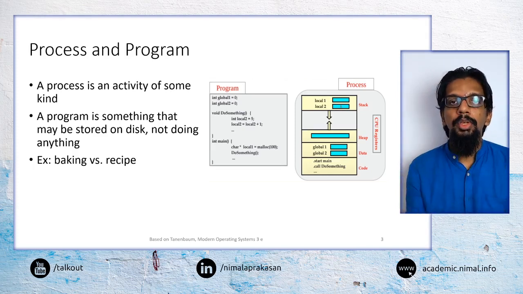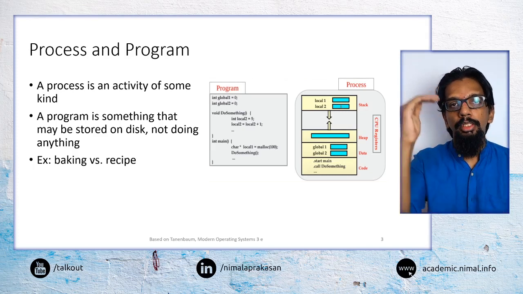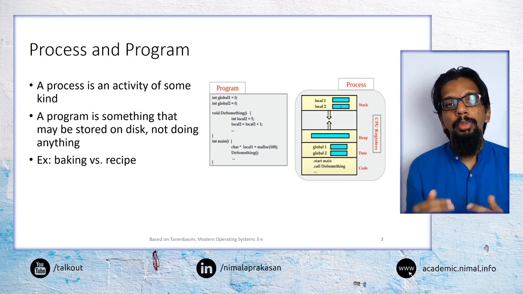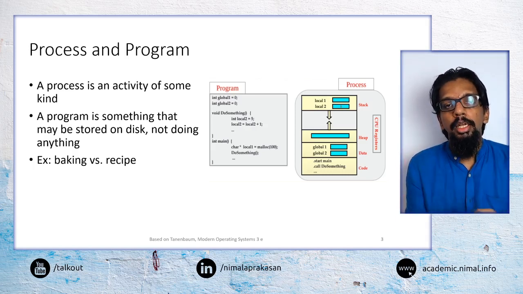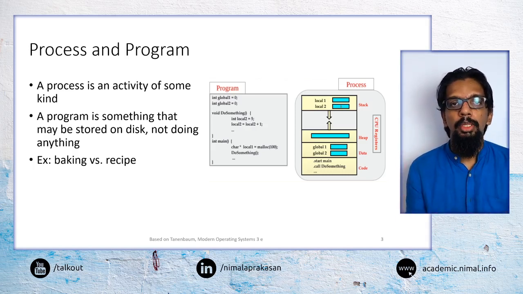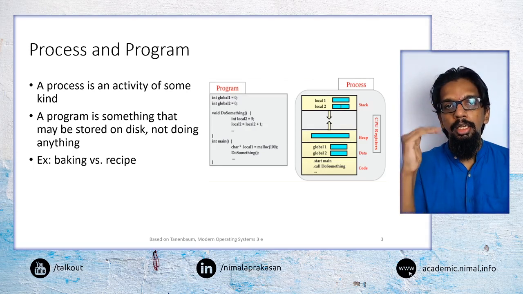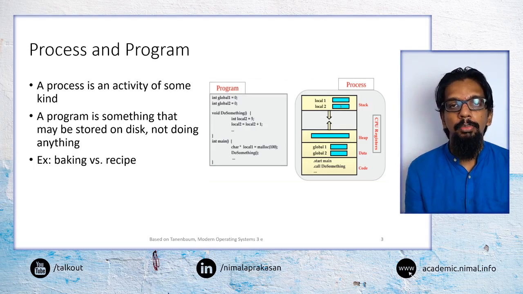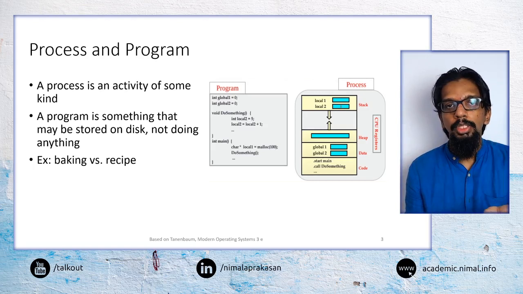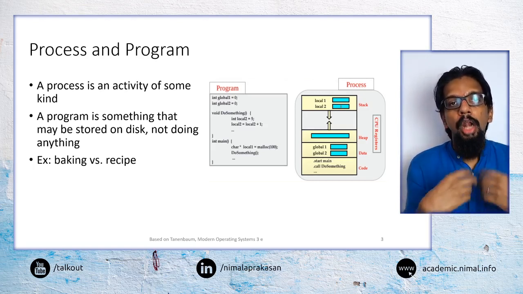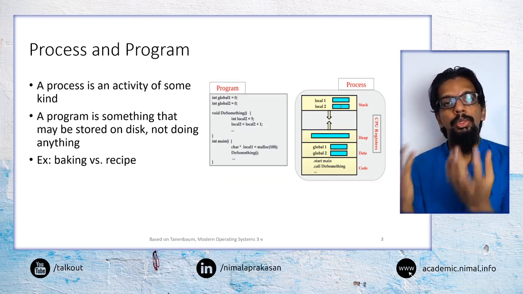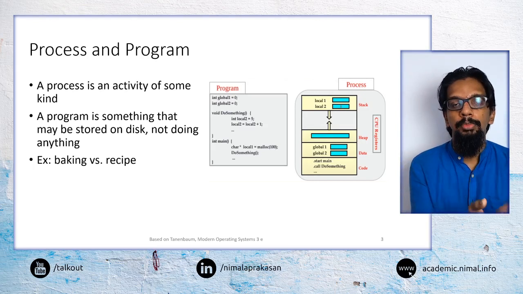So it is the set of instructions. Similarly, a program is basically a set of instructions that is written in a programming language and possibly converted into an executable for the particular system. But it is still a set of instructions that is available there. Whereas a process is you are actually running the program. You are actually doing the recipe and making something.